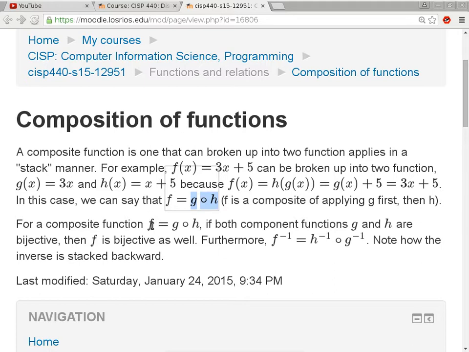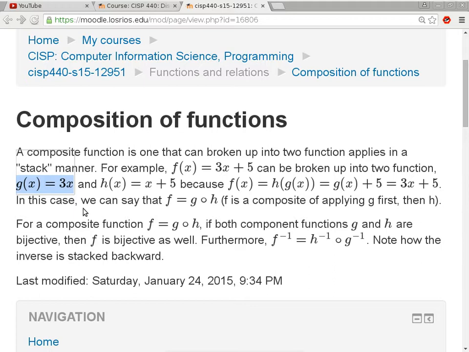So for this particular composite function, let's take a look at the individual components. Let's take a look at this one here. And we'll go ahead and consider real numbers as both the domain and the codomain. If we consider real numbers as the domain and also the codomain, is that function injective?